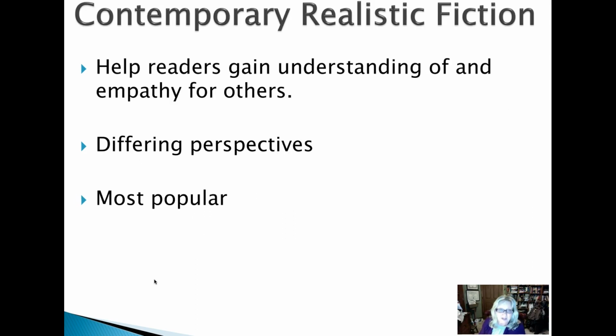Contemporary realistic fiction can really help readers gain an understanding of and empathy for others in a way that other genres of books can't. I think the more you read, the more empathy and understanding you have.